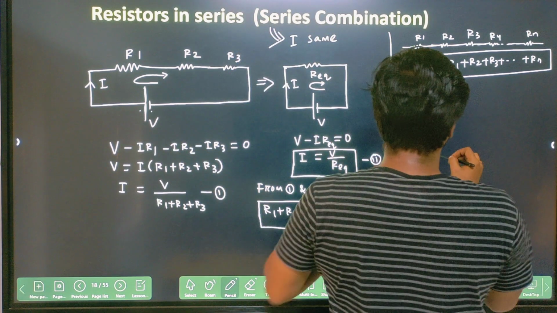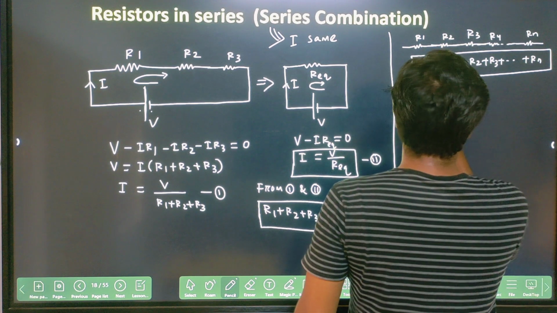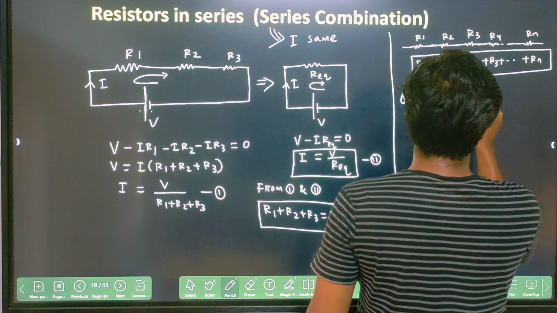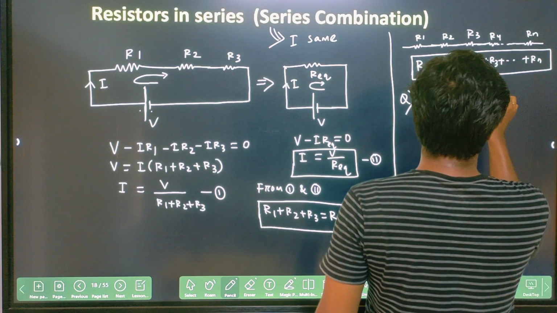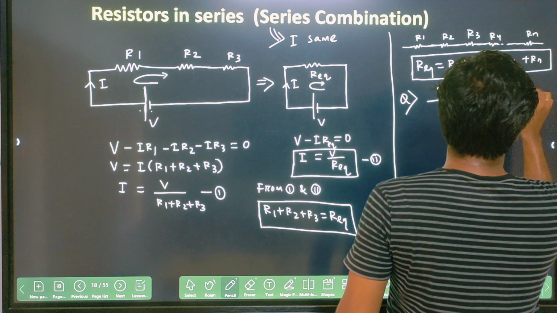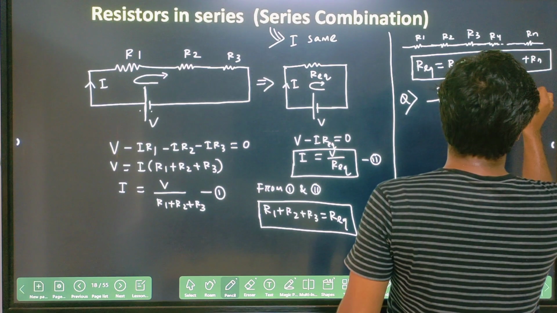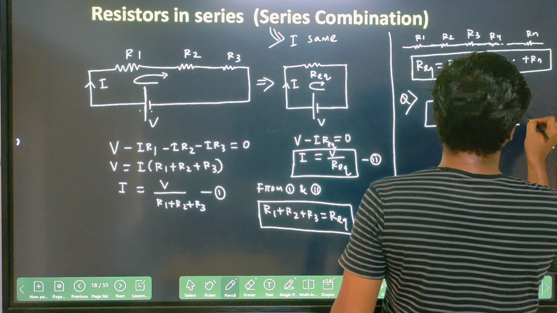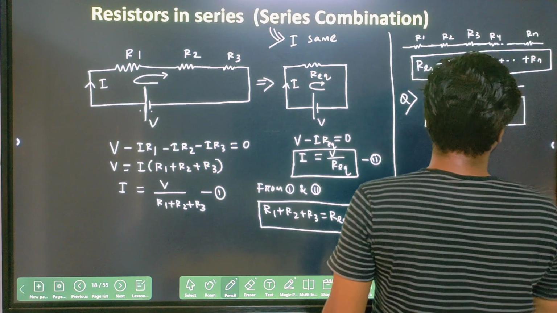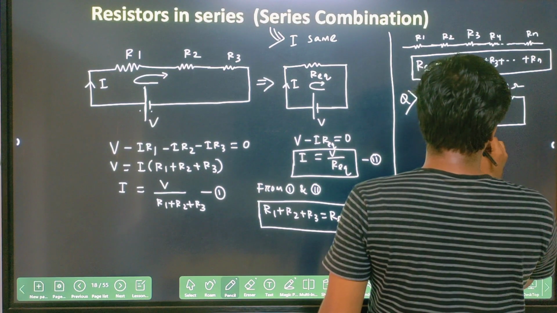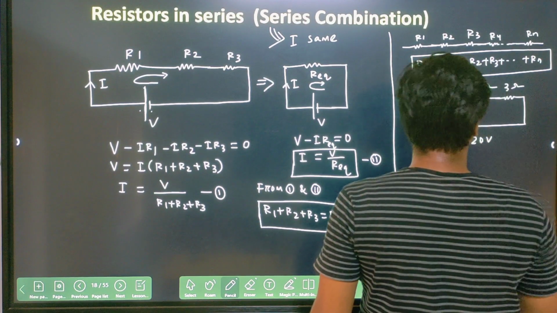Suppose this is a 2 ohm resistor, this is a 5 ohm resistor, and this is a 3 ohm resistor, connected to a cell having a potential of 20 volt, right?